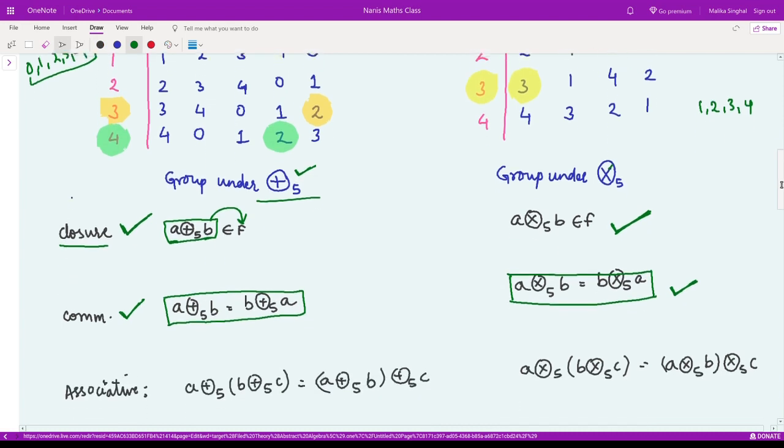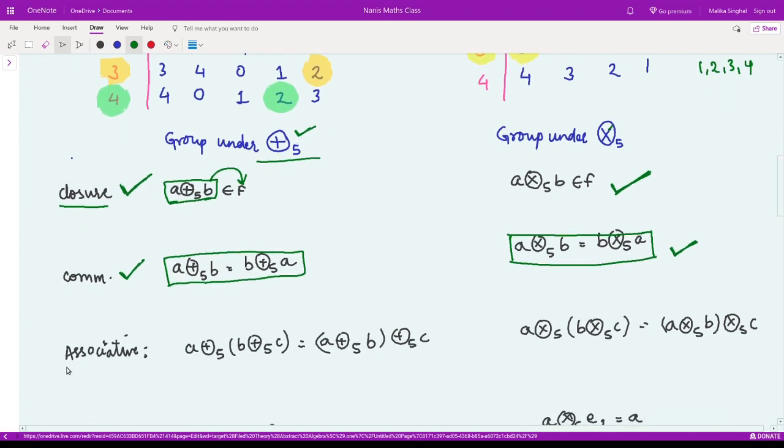Now let us move to the associative property. It says that if you take any three numbers from the set, then this property is true. Likewise, for multiplication, this property should be true. So let us check these for arbitrary numbers in the set.